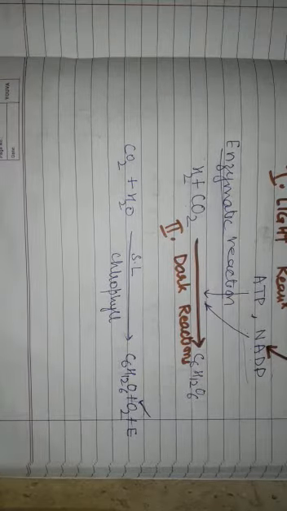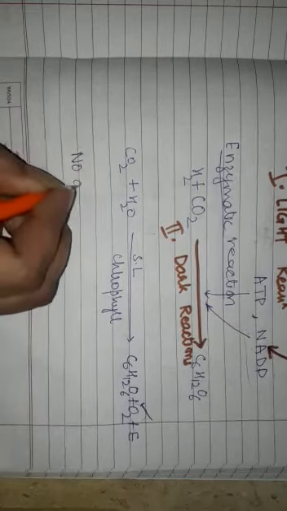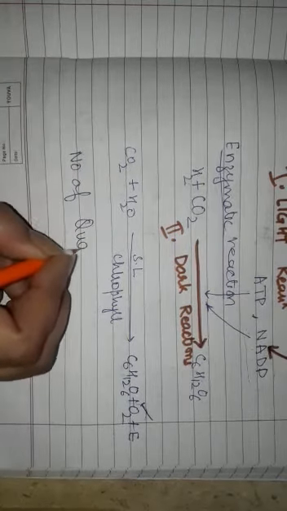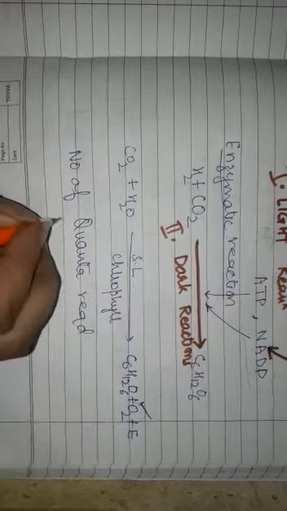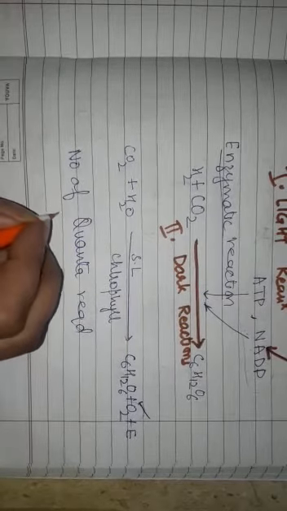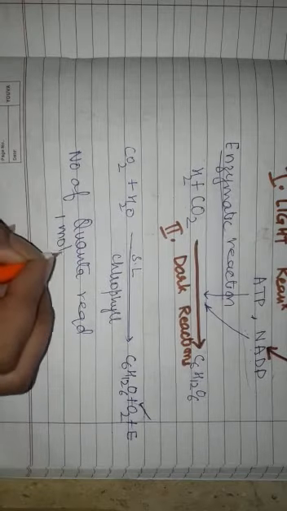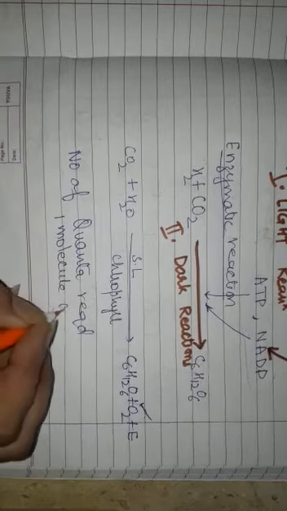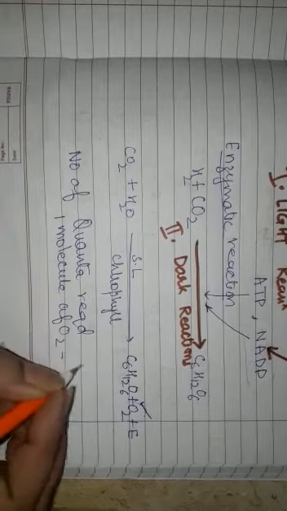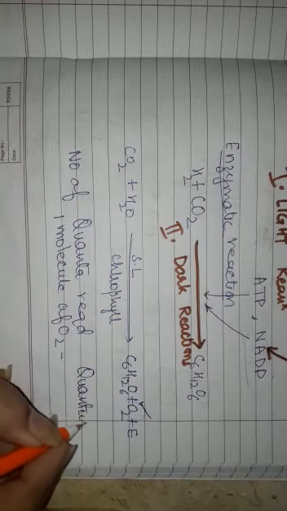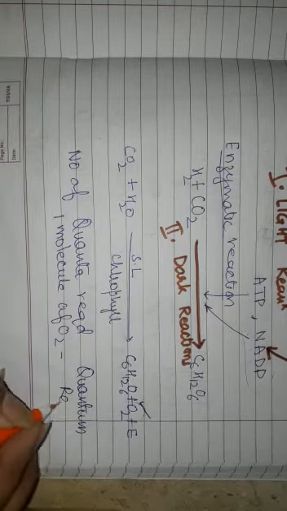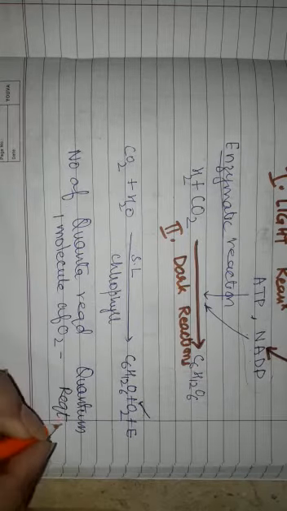Let us repeat. The number of quanta required for release of one molecule of oxygen is called quantum requirement, or this is called quantum yield.